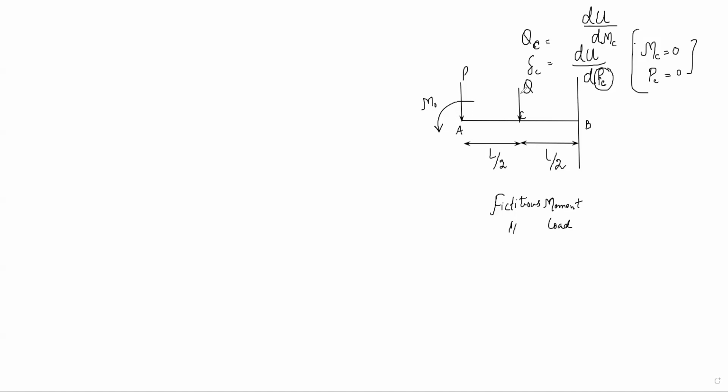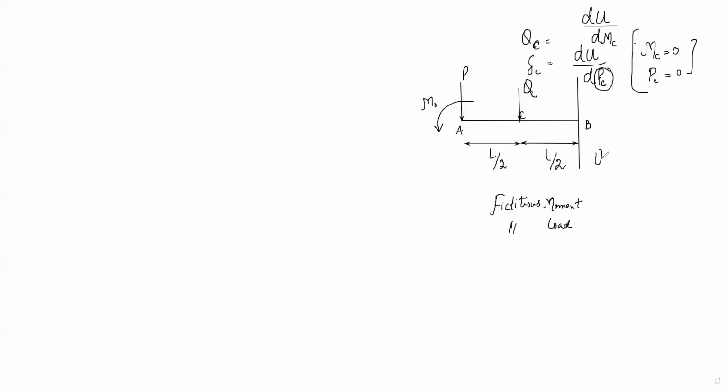So when we apply the fictitious load, it is to be understood that this fictitious load is not actually acting. We are just assuming that it is acting on the beam. Based on this fictitious load that we have taken here, calculate the total strain energy of the beam.